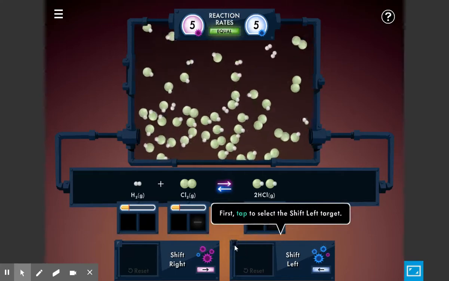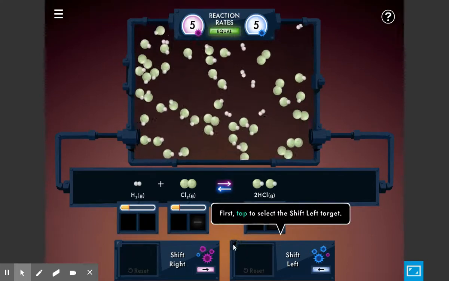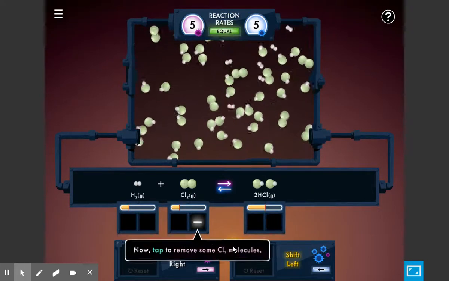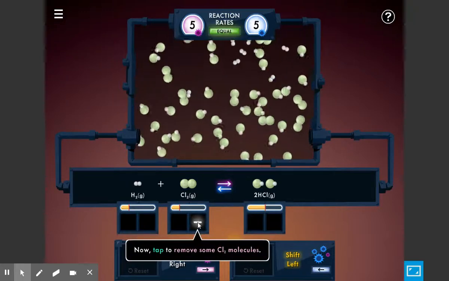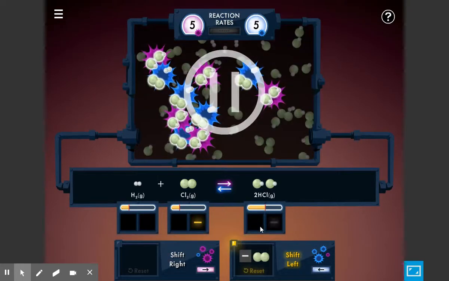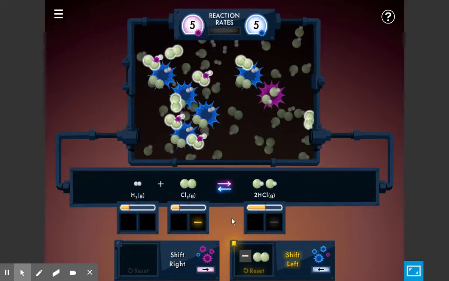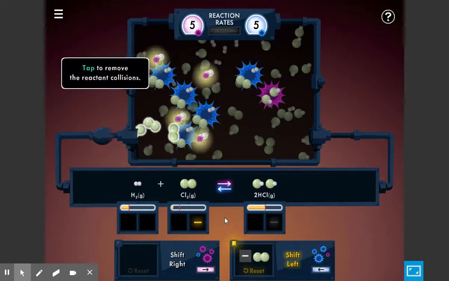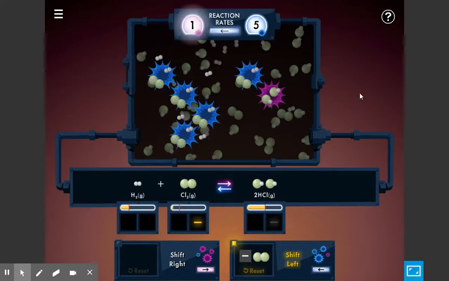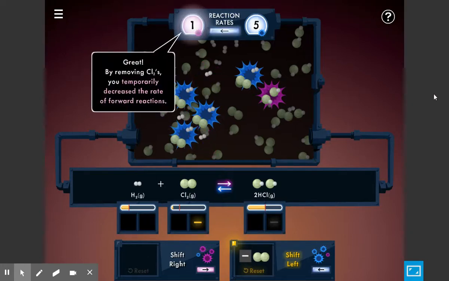So here we are at equilibrium. If I want to shift this equilibrium towards the left, I need to remove some of my reactants. By removing reactants, I have fewer successful collisions. And that temporarily decreases the rate of my forward reaction.